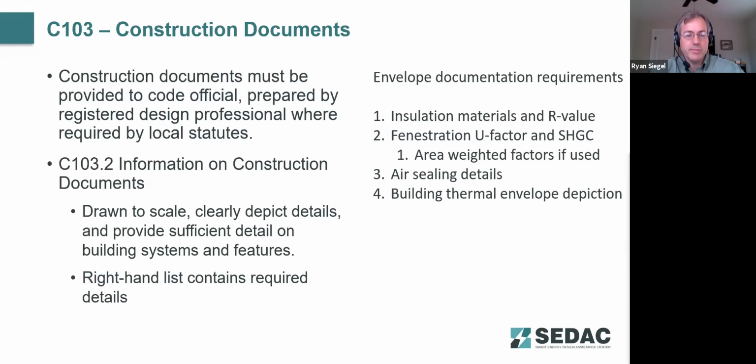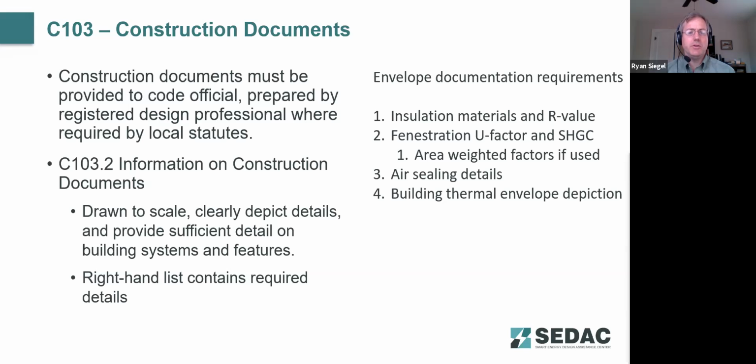We need them drawn to scale so that we have a clear, defined location of where things are spatially relative to one another, and they also need to have some details, and provide sufficient details of building systems and features.